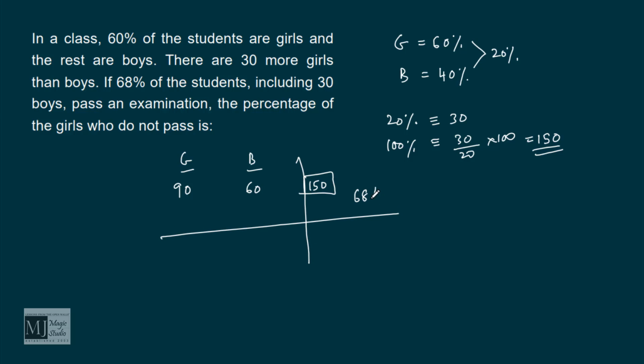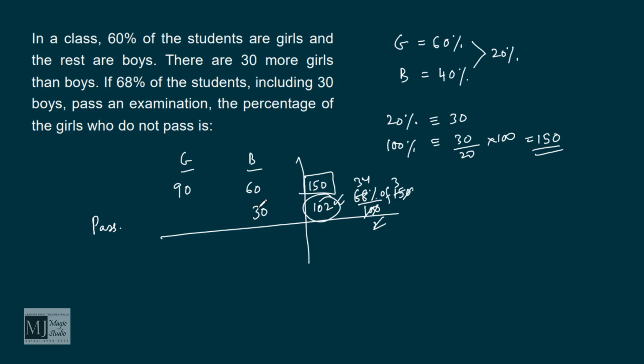68% of the students. How much is 68% of 150? That would be 102. 68% of the students, that is 102 students, including 30 boys, pass the examination.